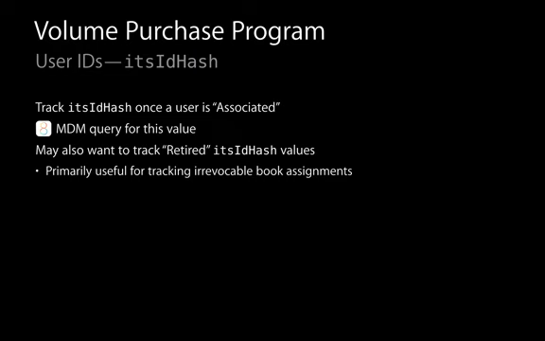A query to get that hash value so that you can know whether the Apple ID that's configured on a particular device changes. You won't know exactly what the Apple ID is, but you'll be able to tell if they've dissociated and reassociated with a different ID. As I mentioned already on the previous slide, you're going to want to track those retired values if the user switches to a different Apple ID, again, so you can keep track of any irrevocable book assignments.